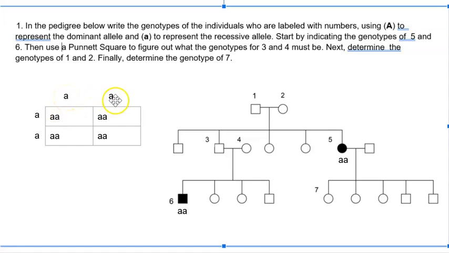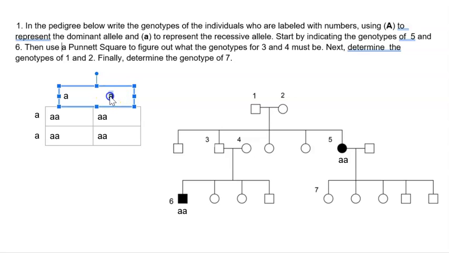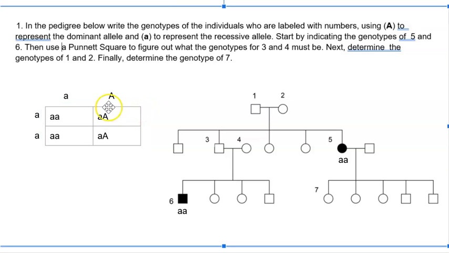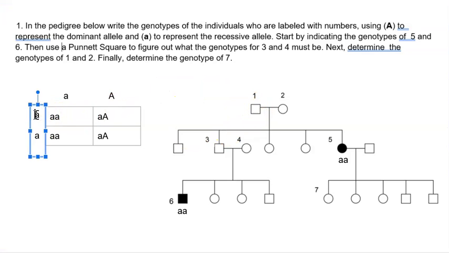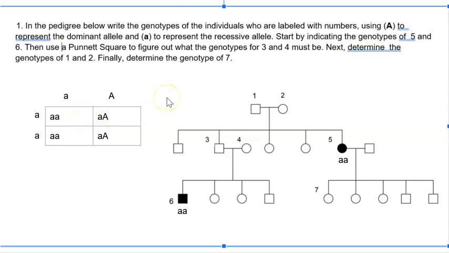What could they be? Well, let's say one of them is heterozygous. Is this a possibility? Well, sure, except again, you can see that neither of them is homozygous recessive, right?